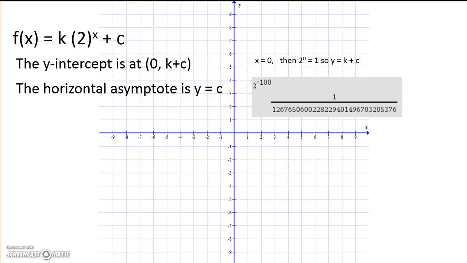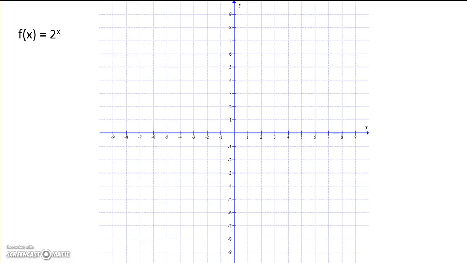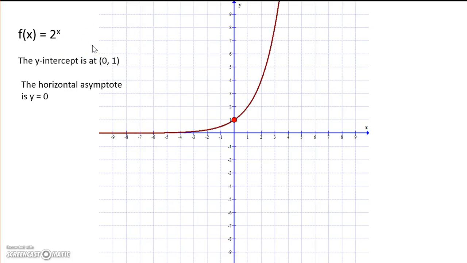So I'm going to go through about 7 or 8 examples right now. Look at 2 to the power x. The intercept is at (0, 1), because that's k + c, so 1 + 0. And the asymptote is at y = c. There's no c, so c equals 0.